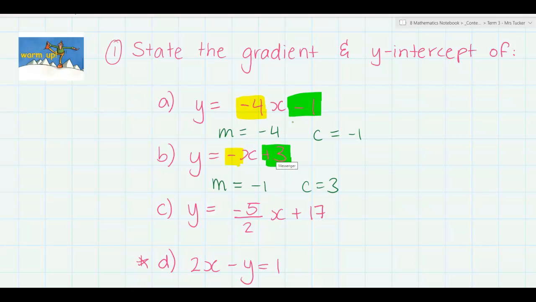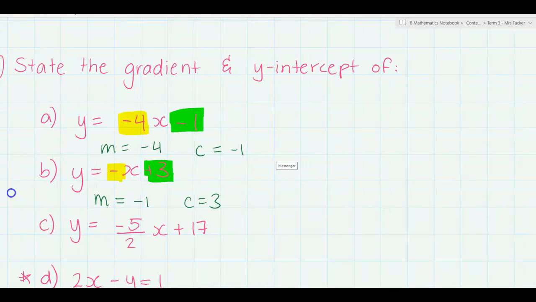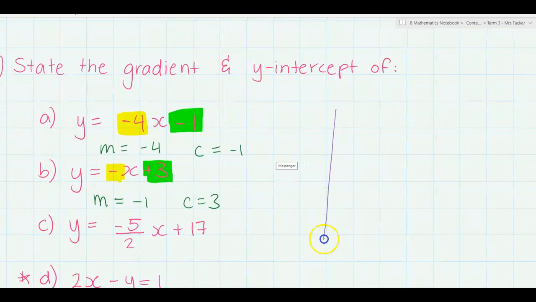Okay, it should look like, if I draw y equals x. Okay, here is y equals x.